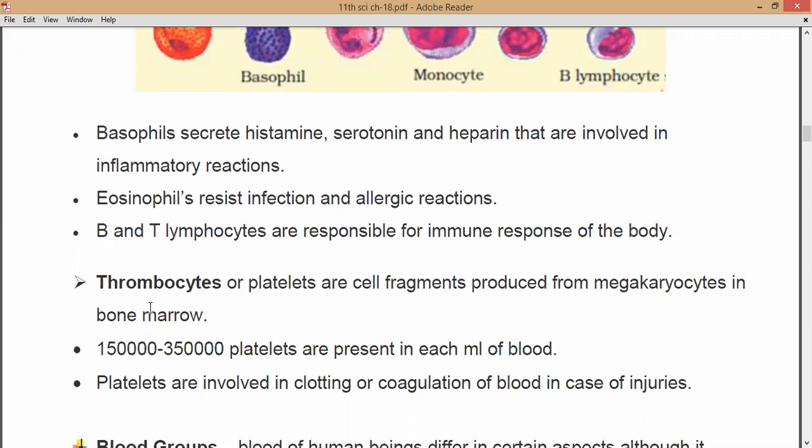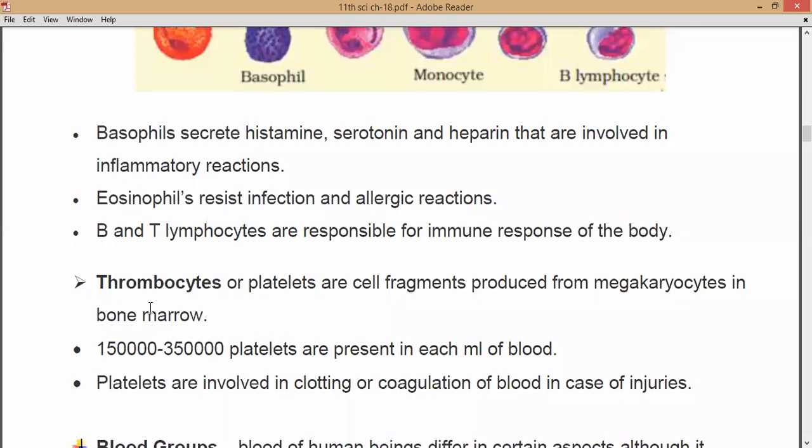The function of the platelet is blood clotting, or we can say coagulation of blood. If you undergo any injury, or if a cut is formed, the platelets reach the site of the injury and rupture themselves.